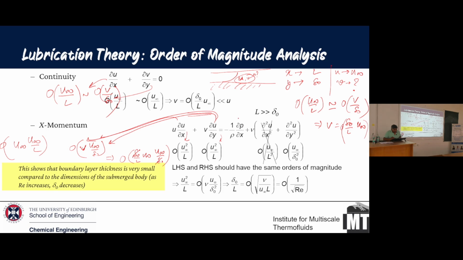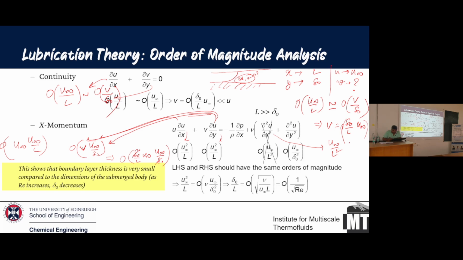Something which we can't tell is, I don't know what the value for pressure is, so I'm just leaving it like that. But here what we are looking at is order of magnitude. So we know that the left hand side must be balanced with the right hand side. Okay? So if you look at again these terms, if you look at del 2u by del x squared, this is u by L squared.